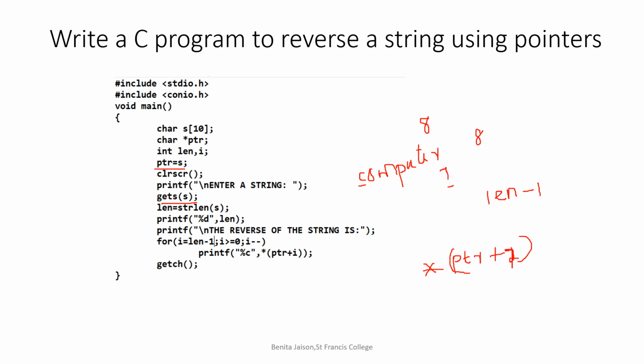So now if I just add ptr plus 7, I'll be able to print the last character. So the whole ptr plus 7 should be dereferenced by the dereferencing operator.